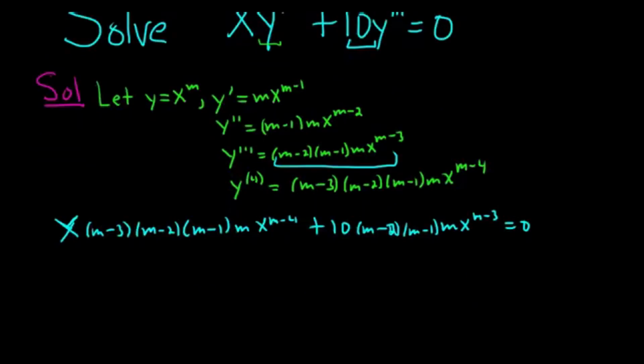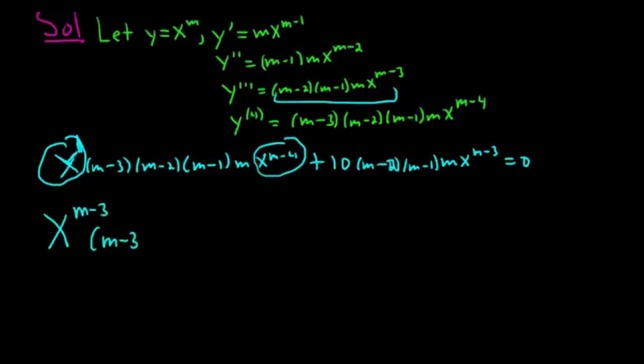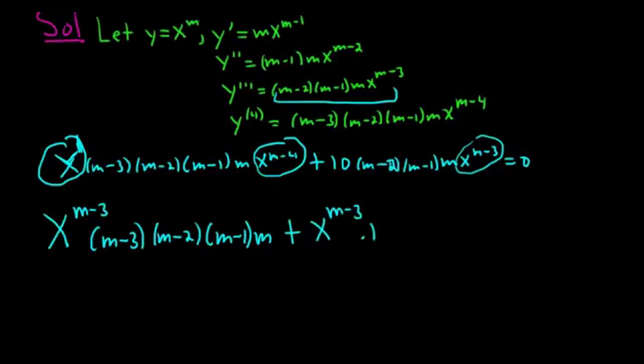Whenever you get to this step, you want to group together the x's. Here you have x to the 1, and here you have x to the m minus 4. When you add those, you get x to the m minus 3. Then we're left with m minus 3, m minus 2, m minus 1, and m. And then here we have x to the m minus 3, I'm going to put it in the front. So plus x to the m minus 3, then we have 10, m minus 2, m minus 1, and m.